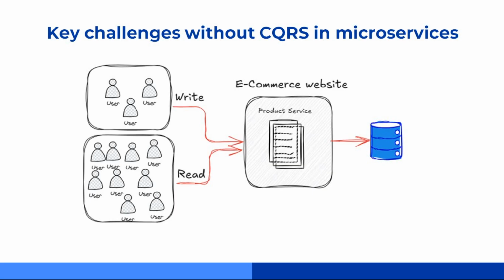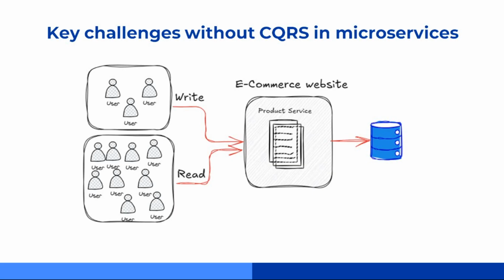While some users are actually buying products, the majority are just browsing. They're reading product details, checking sizes, comparing prices, scrolling through categories. That means most of the incoming traffic is read heavy, not write heavy. And because the same service and the same database are being used for both reading and writing, this puts unnecessary load on the system.